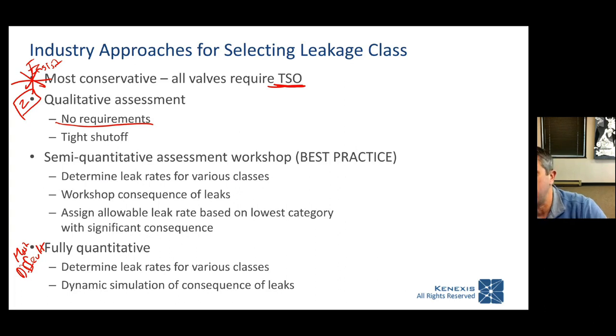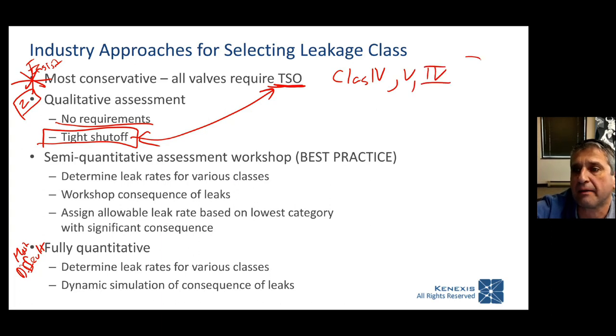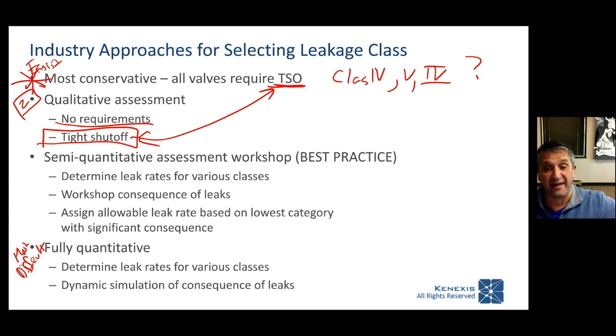It's just going to delay the consequence, for instance. So in that case, there will be a specification, and usually it will be the nebulous TSO. So again, what does that mean? Is that class 4? Is that 5? Is that 6? I don't know.